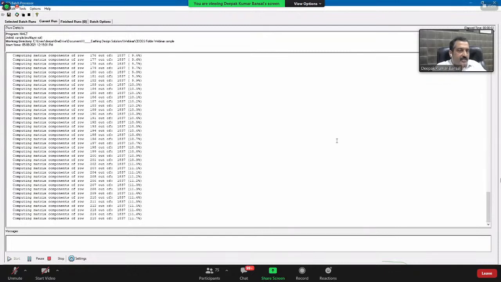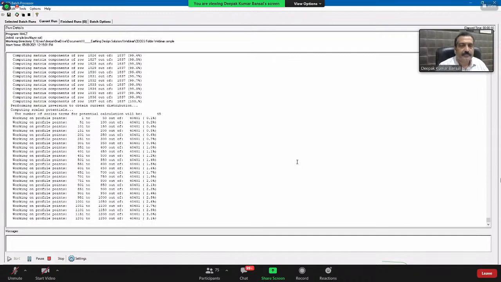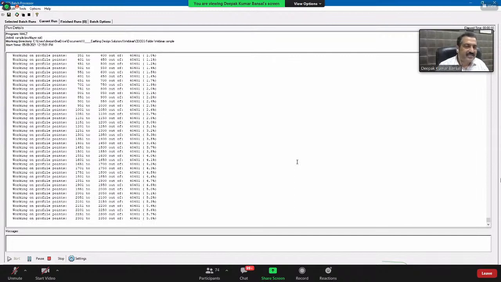So this iteration is going on, the computer is calculating each and every conductor's behavior, its resistance, its leakage current, total grid resistance, touch and step voltages as per our observation points. Each and every observation point, it is calculating touch and step voltages and ground potential rise.